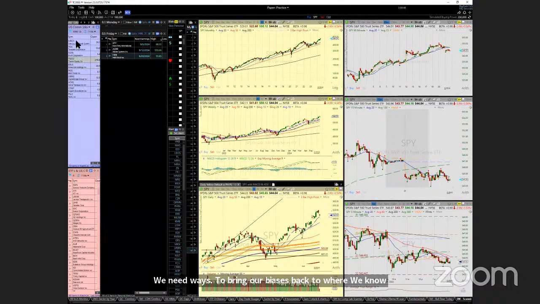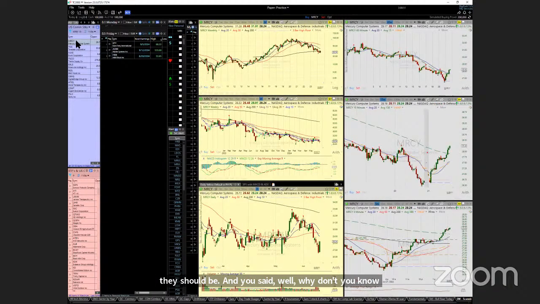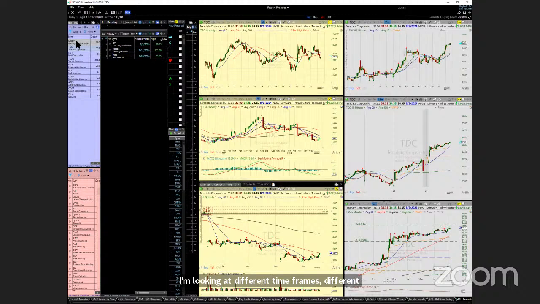And you say, well, why don't you know that in the middle of the day? Well, I'm looking at different time frames, different internals, different sectors, and whether things are going our way or not, we may be more or less influenced by what's happening in the moment versus the type of plan we've laid out that we should follow.